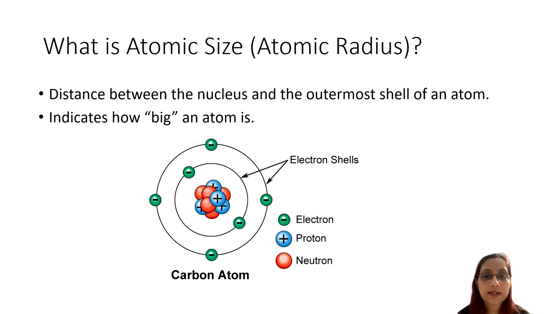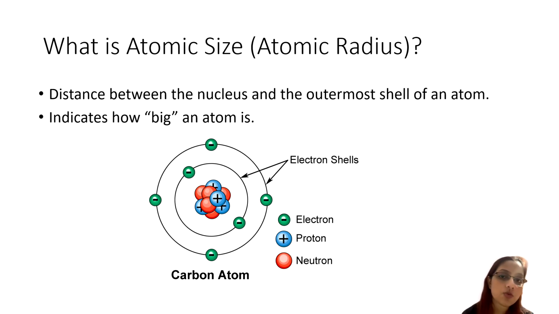So in this diagram you can see the nucleus that is made of protons and neutrons, and electrons are revolving around in the shells. The atomic radius is measured from the nucleus up to the outermost electron shell, from here to here.